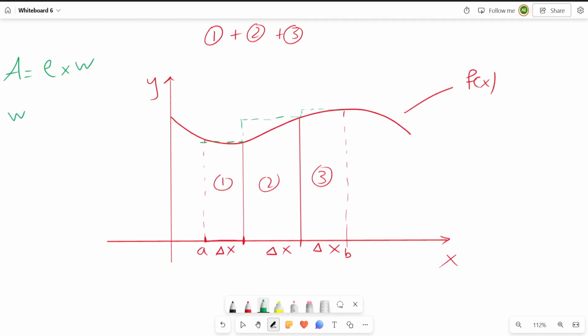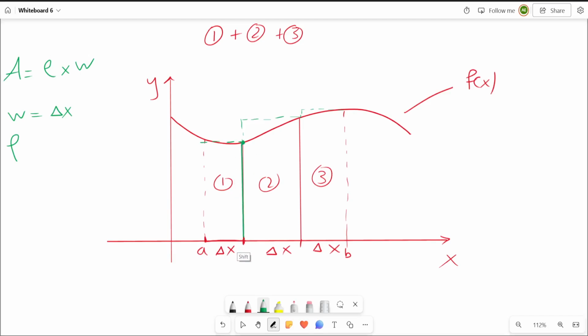The width is delta x for all. For the length, we can use the fact that this is a curve, and use the y value of the right boundary of our rectangle to get the length of the rectangle.